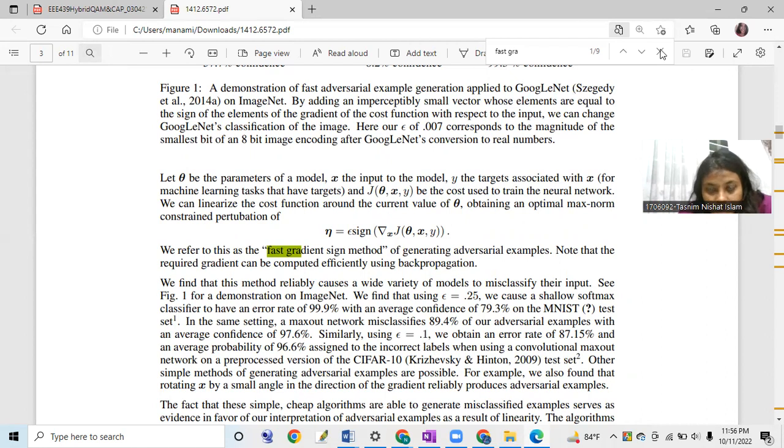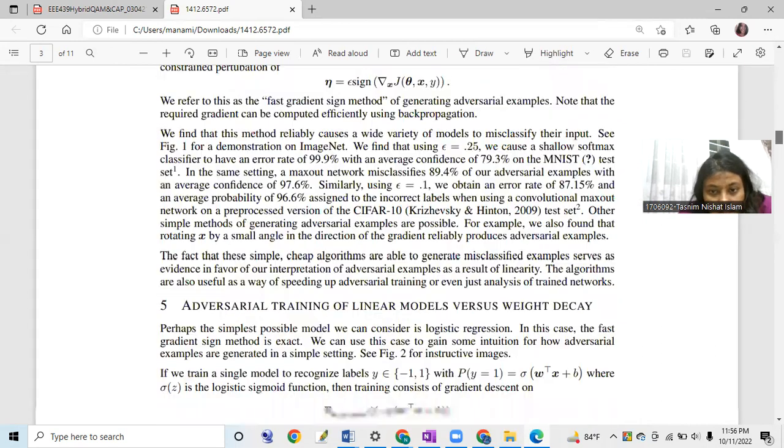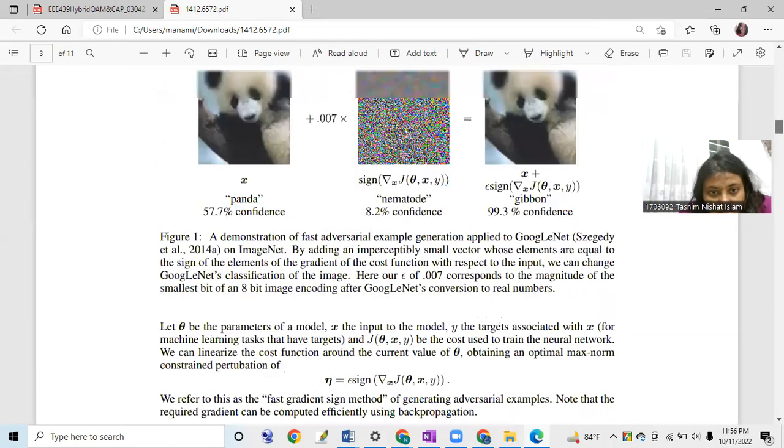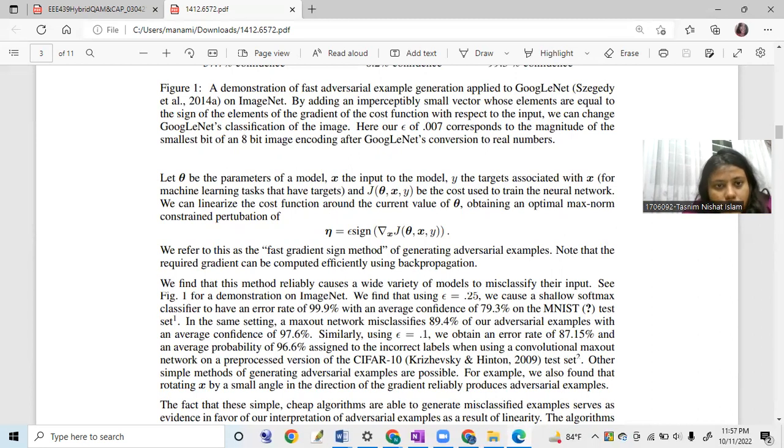So let's see what they are doing here. So this is the fast gradient sign method.